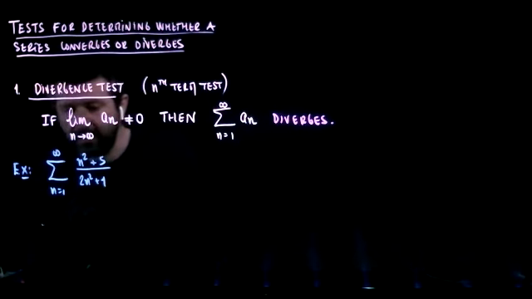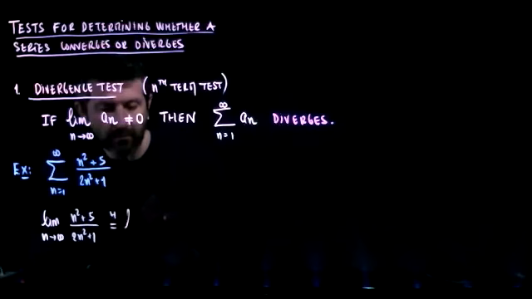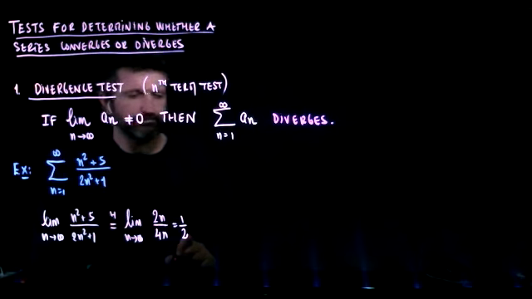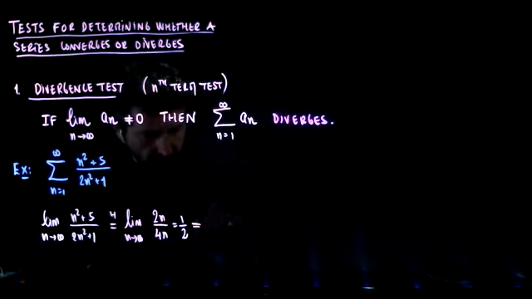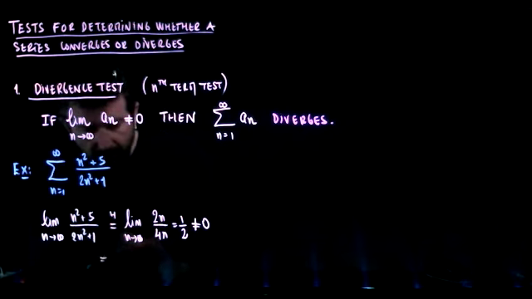So you're going to take the limit as n approaches infinity of (n^2 + 5)/(2n^2 + 1). That's infinity over infinity. How do you evaluate this limit? You could use L'Hopital's rule, just like you did in calculus 1. That's 2n over 4n, and that gives you 1/2, which is not 0. Therefore, the series diverges.